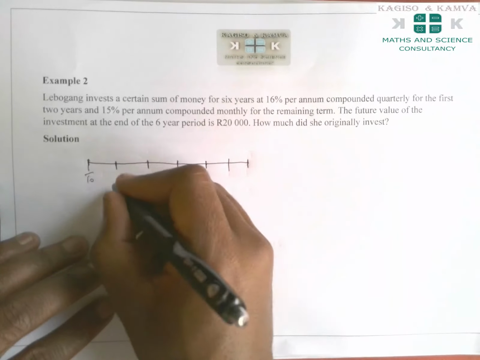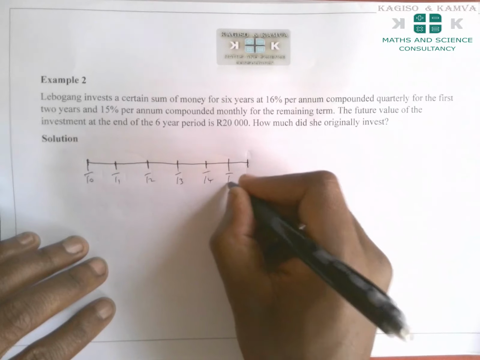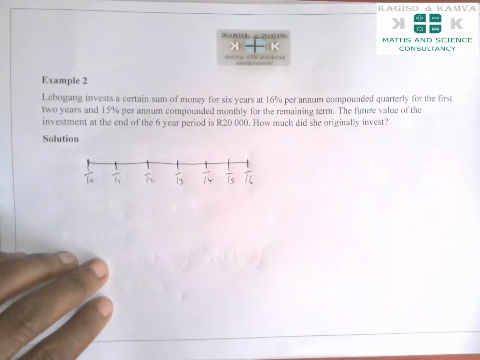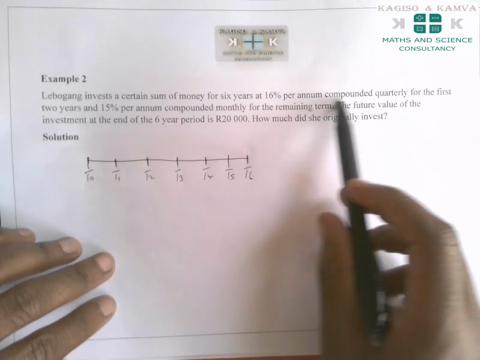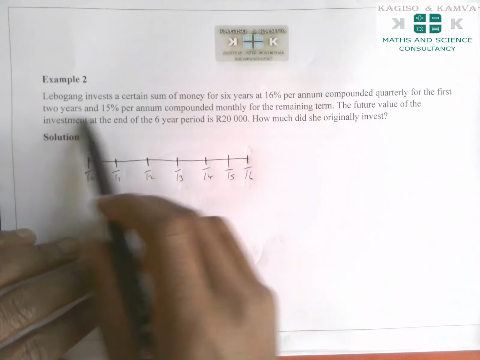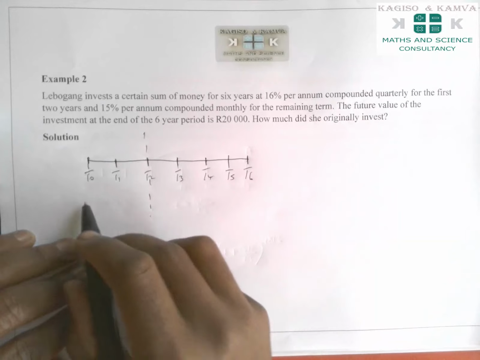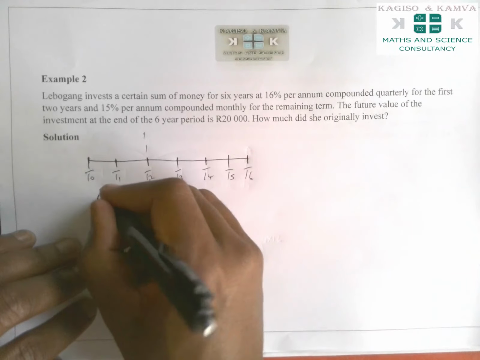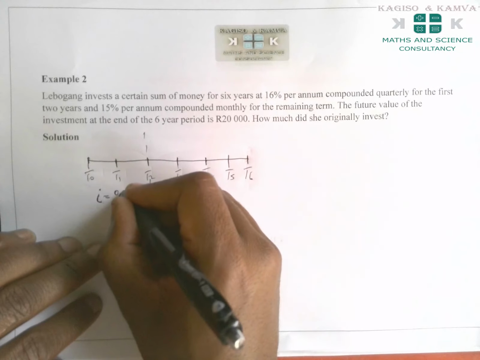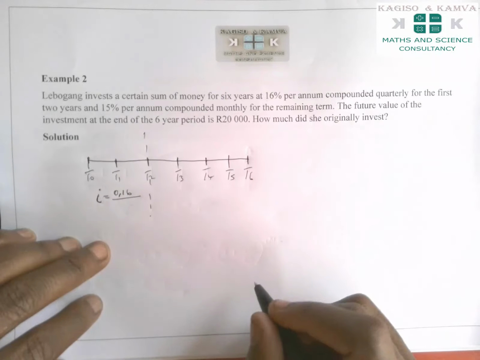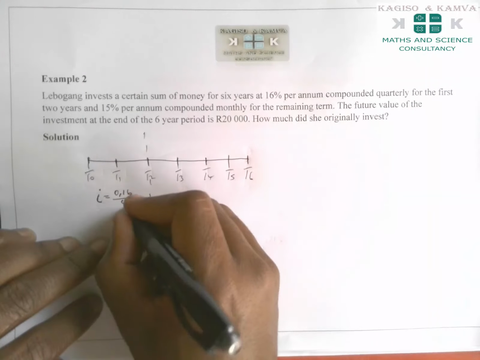So this is T0, T1, T2, T3, T4, T5, and T6. Now what is happening is that it compounds for the first two years, and we've got a changing interest after 2 years. So what is our interest for the first 2 years? 16%. This is going to be 0.16 divided by 4, because it is compounded quarterly.